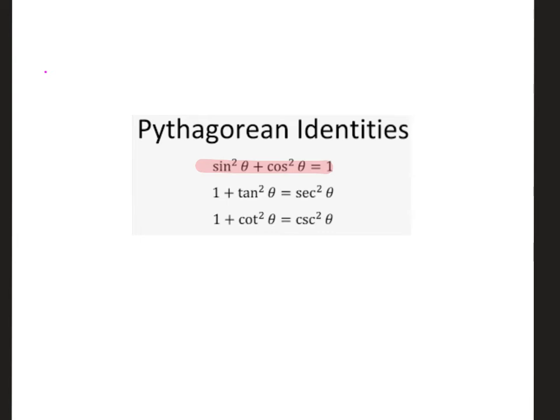I'm going to rewrite it in terms of cosine. In other words, I'm going to move this to the other side. I'm going to have cosine squared of theta equal to 1 minus sine squared of theta. So I'm going to make this substitution in my equation.